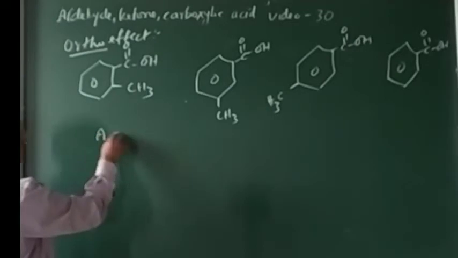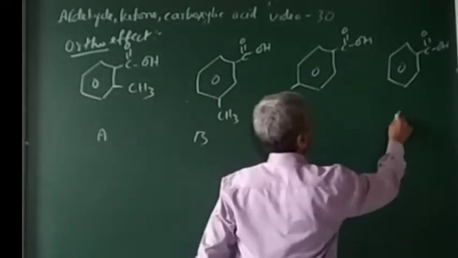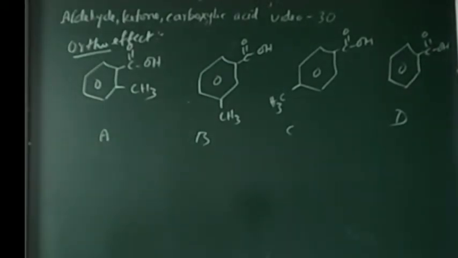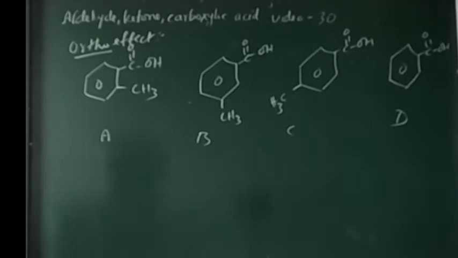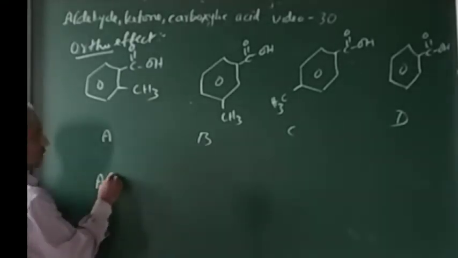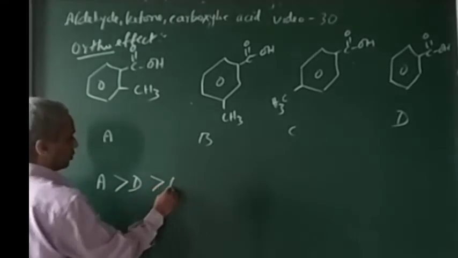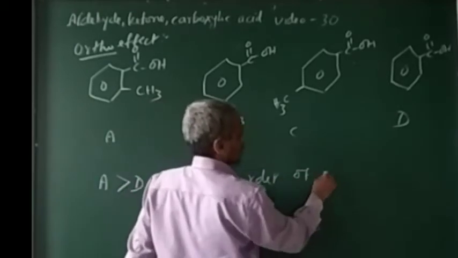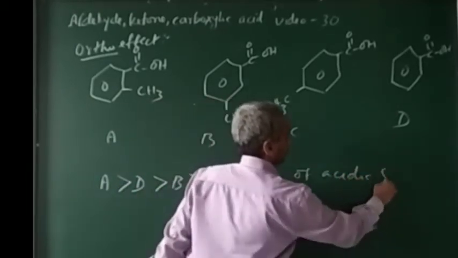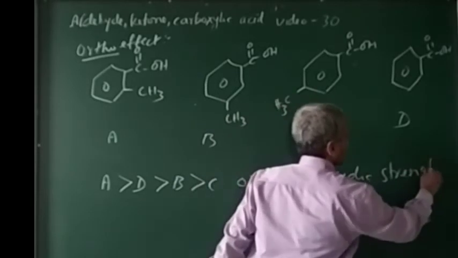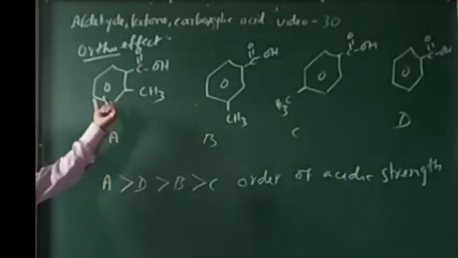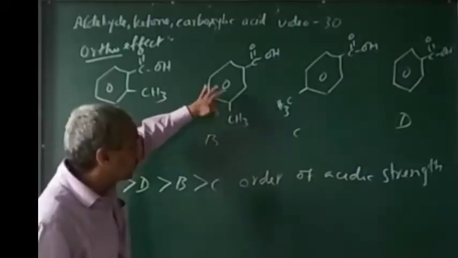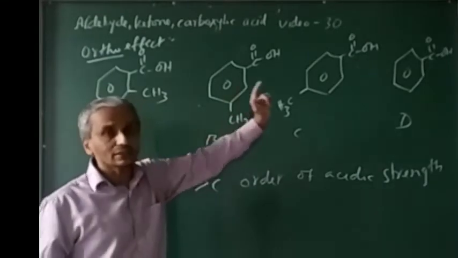I represent these as A, B, C, D. The order will be A greater than D, greater than B, greater than C. Remember, this is the order of acidic strength. Means ortho highest, then without anything, and these are all electron donating groups, so meta, then the para.